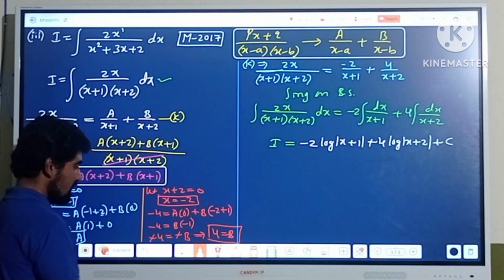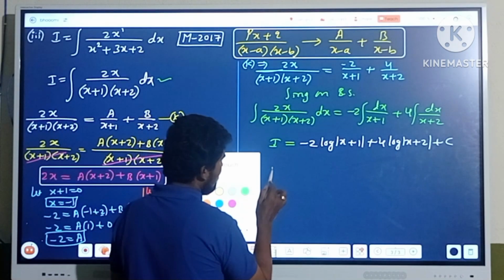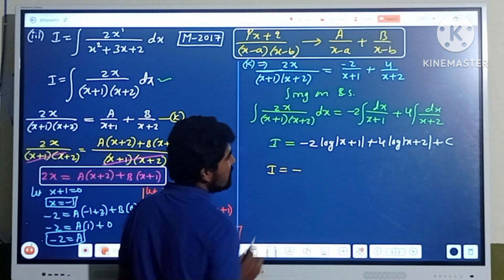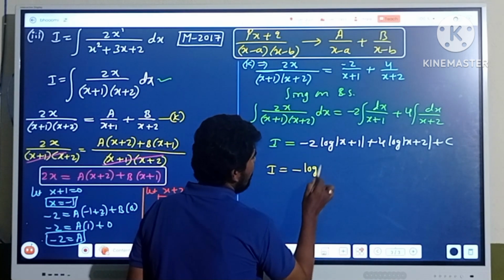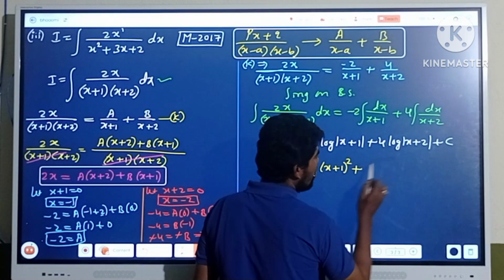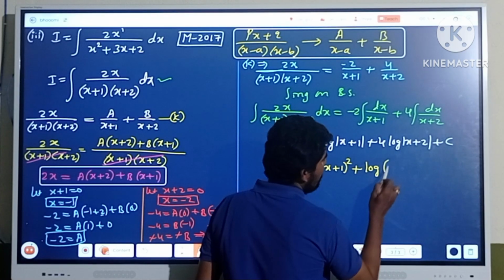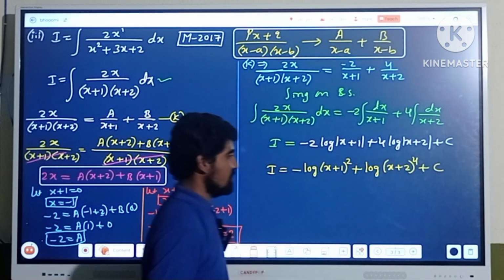Now by using the properties of log, I equals −2 log (x + 1) can be written as log (x + 1) whole squared, plus 4 log (x + 2) can be written as log (x + 2) to the power 4, plus integral constant c.